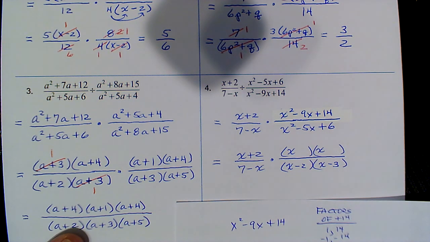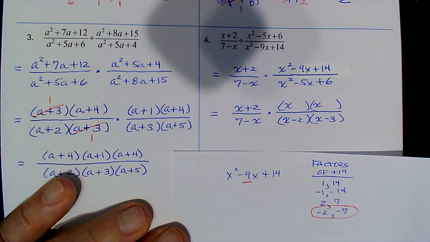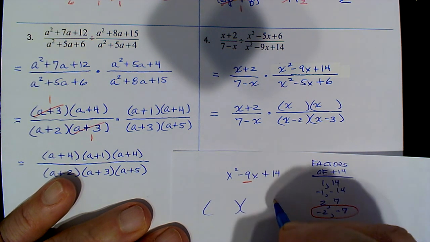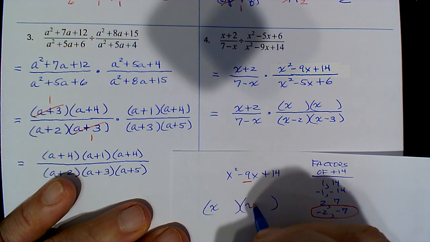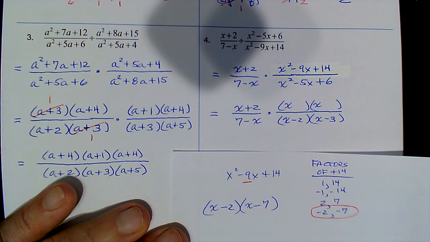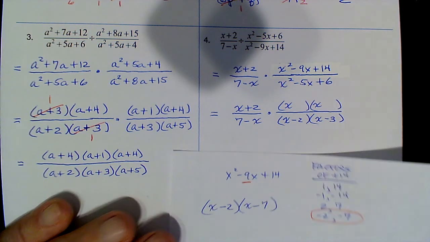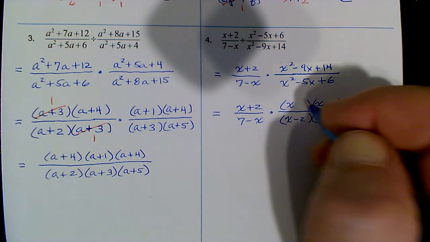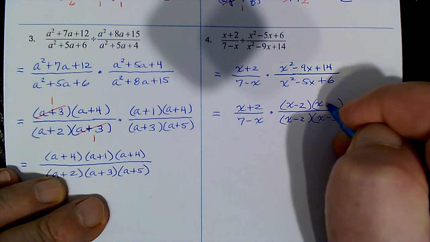The pair that combines to give negative 9 is the negative 2 and the negative 7. Oops, sorry. Give you a second to catch up there. I was hiding it from you. So negative 2 and negative 7. With regards to the factorization, again, two binomials, x and x, minus 2 and minus 7. You can perform the check if you want as well. So it's an x minus 2 and x minus 7.